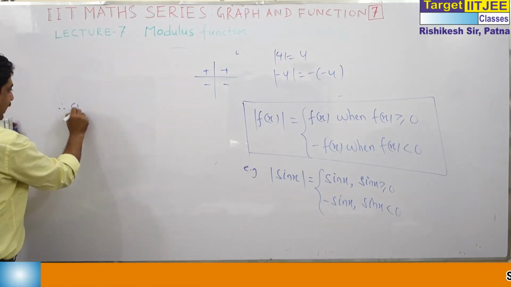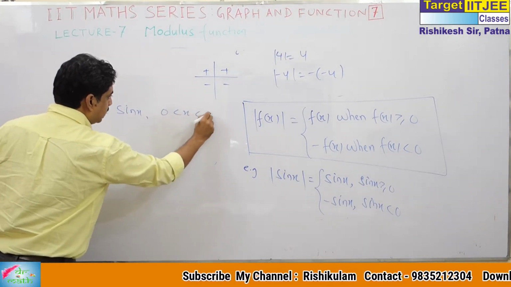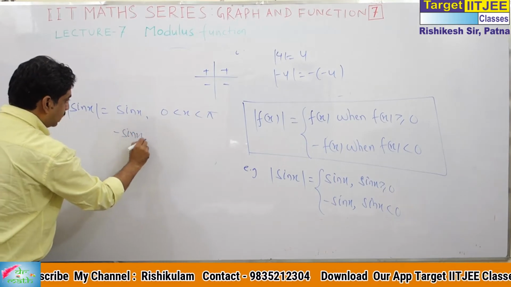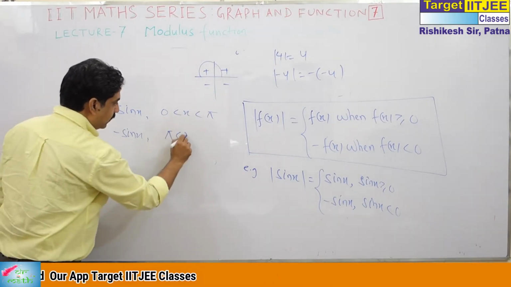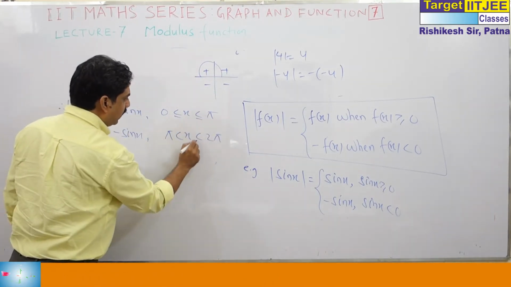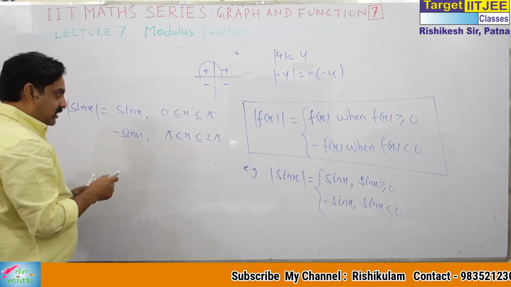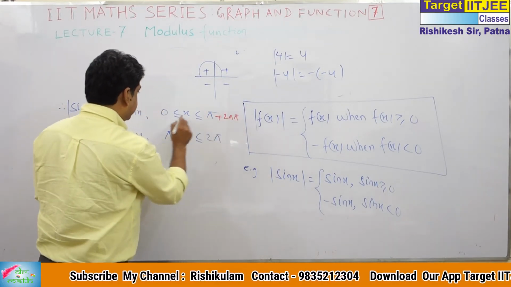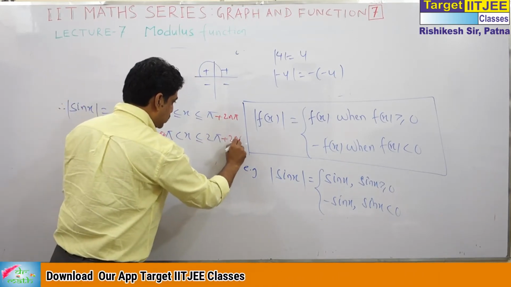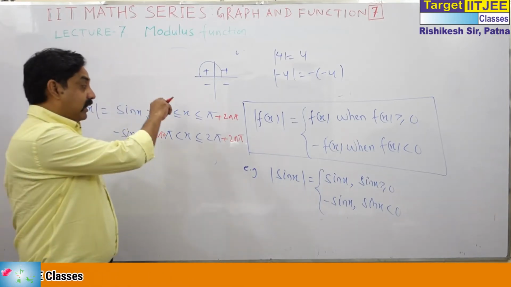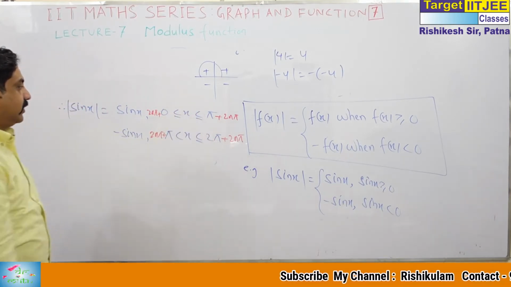So we write mod sin x is equal to sin x when 0 is less than x less than pi, and minus sin x when x is between pi and 2 pi. You can take the sign of equality everywhere because sin 0 is 0. Now, in order to make a general expression, you can also add 2n pi, depending upon the situation. Now we are looking at broader prospects, so we might need this. This is 0 to 2 pi, the first two quadrants.